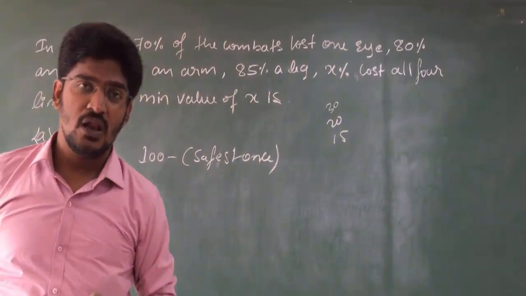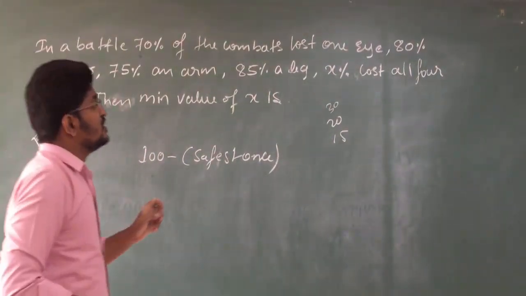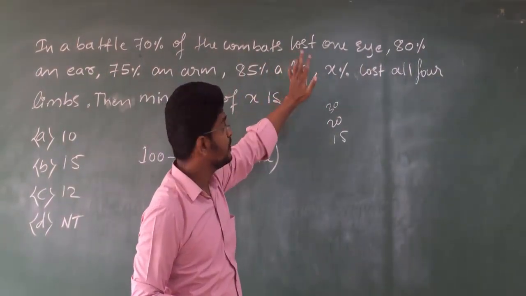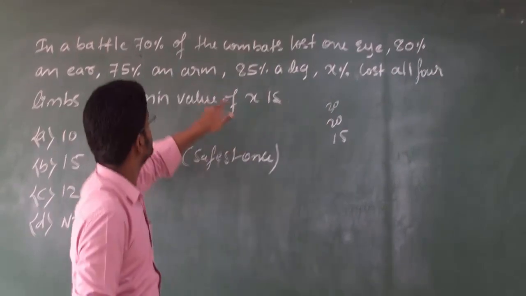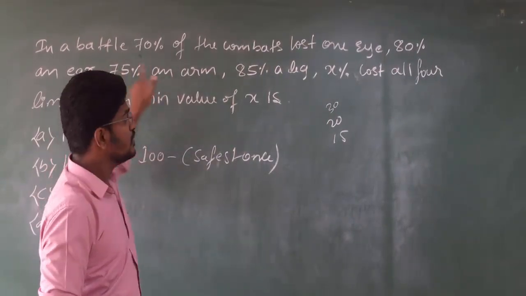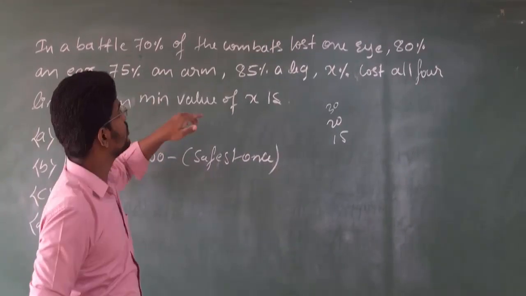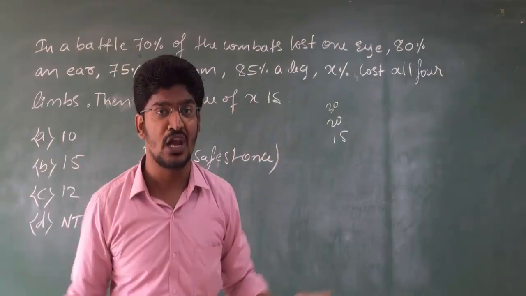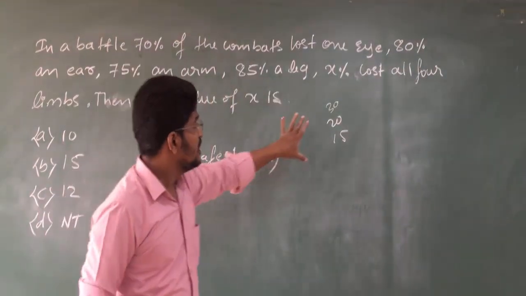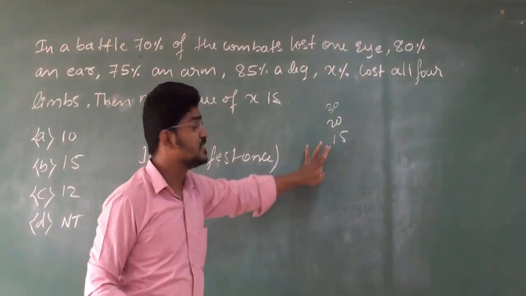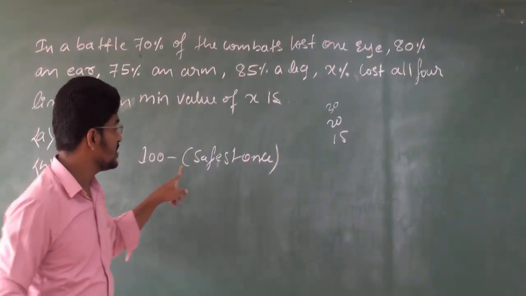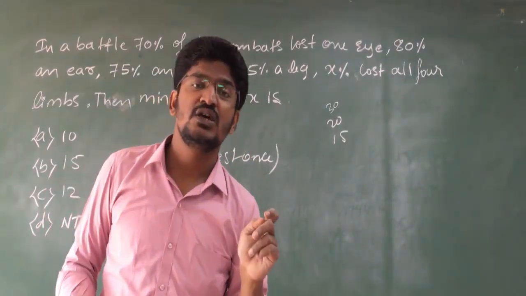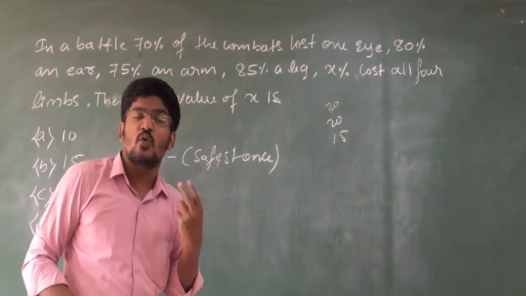X% lost all. Okay, now 30% are safe with their what? One eye. 20% are safe with ear. 15% are safe with leg. That means these people have not lost all 4 limbs. Clear? If I add all this and subtract from this 100, safe ones means they have lost only one part, they are safe with their one part.